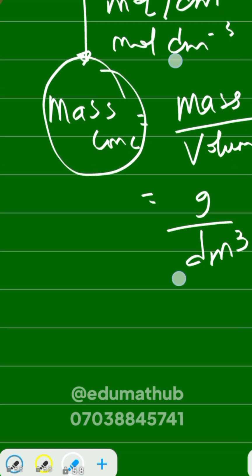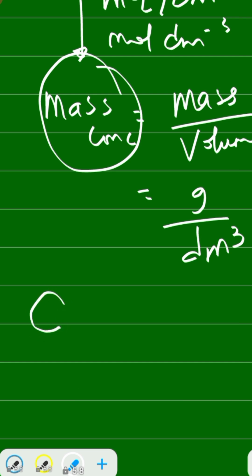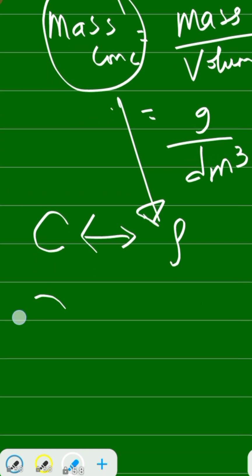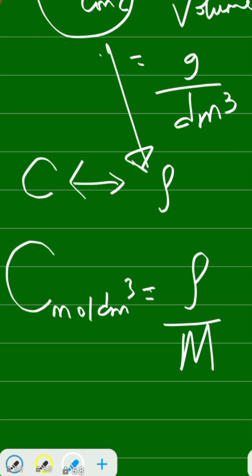So there's a relationship between C, which is the molar concentration, and the mass concentration, which is given by this symbol here, the symbol for mass concentration. The two of them are related by a formula. The concentration in mole per dm cube is equal to the concentration in gram per dm cube divided by M, where M is the molar mass.